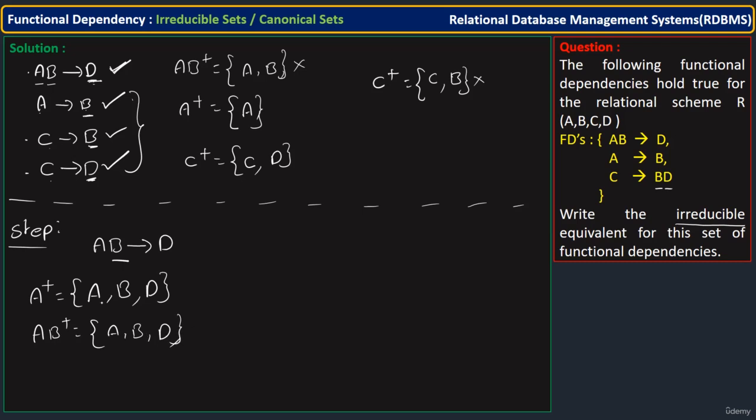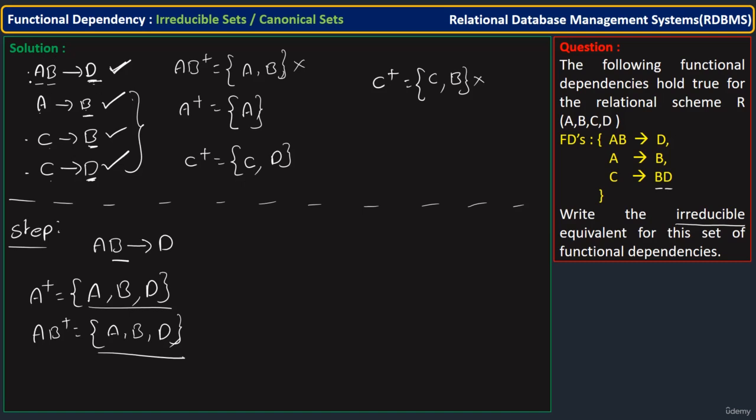Now you can see both of them generate the same set, so you can replace the LHS with that subset.